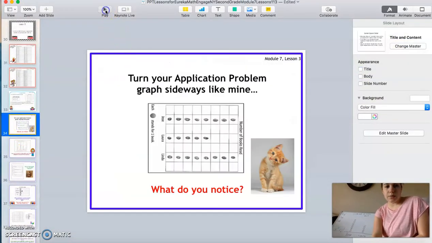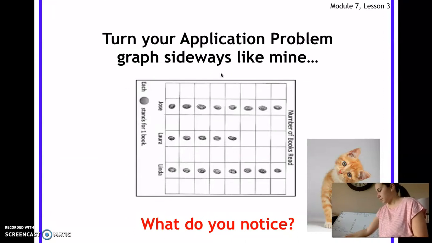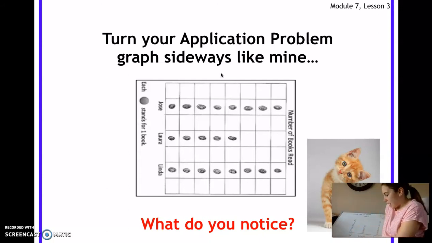So let's look at this. It says, turn your application graph sideways like me. What do you notice? Yeah, the pictures now are going to the side. So it's like we just took our graph and we flipped it to the side, so now it's going across.